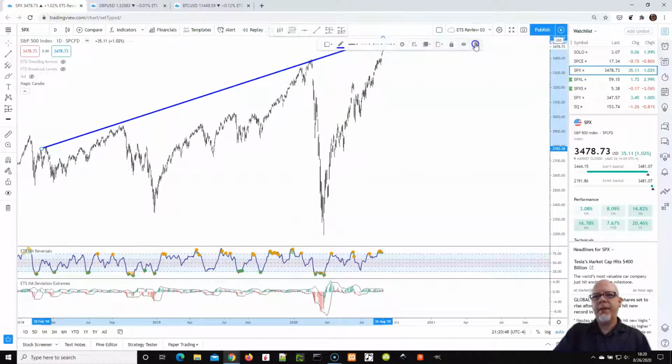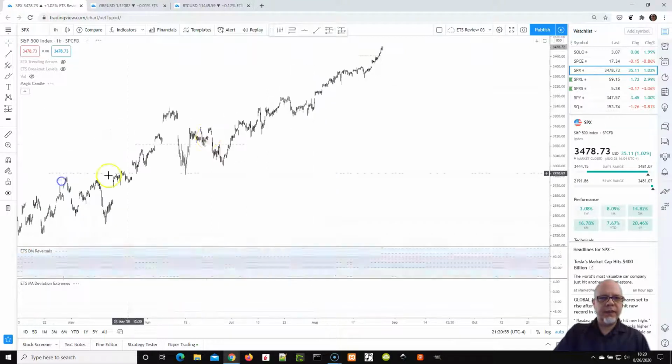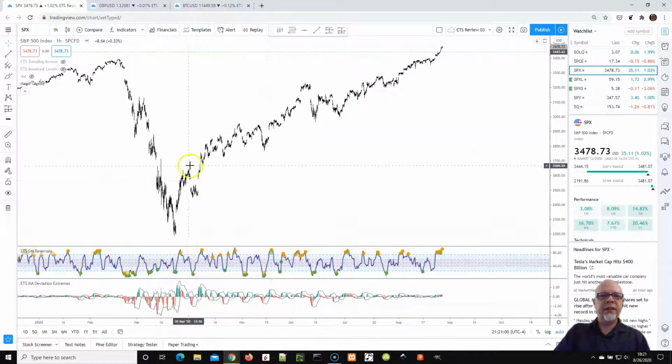So if we zoom in, let's say more to an hourly basis, what we have here is interesting because it is not 100% clear to me what exactly we are looking at, what type of wave structure.